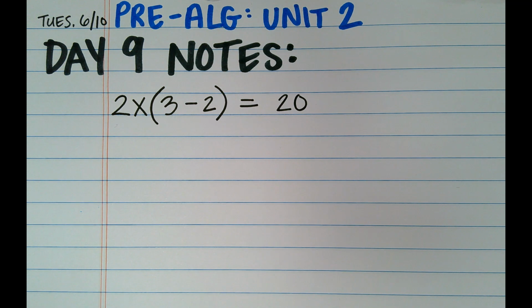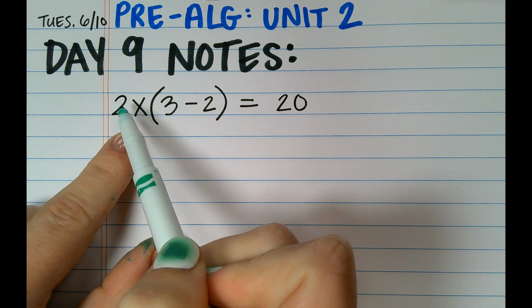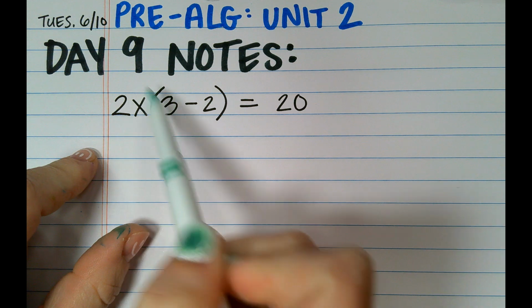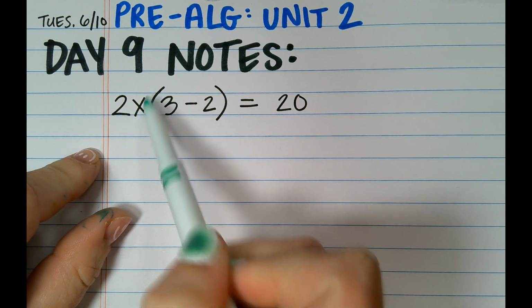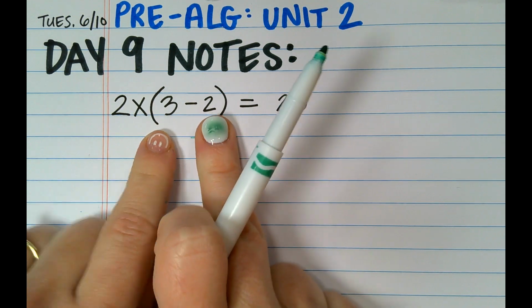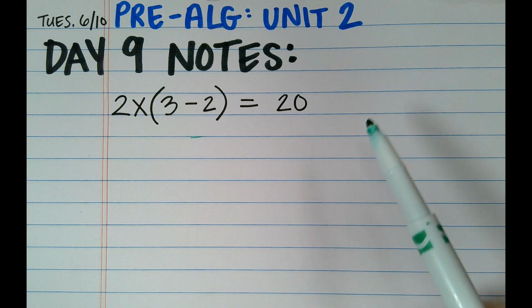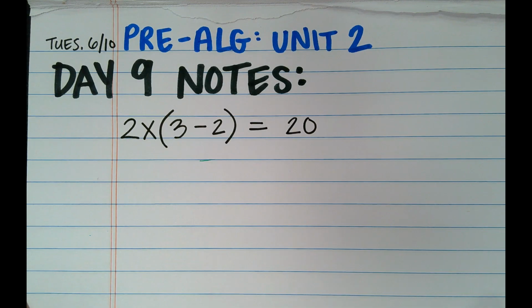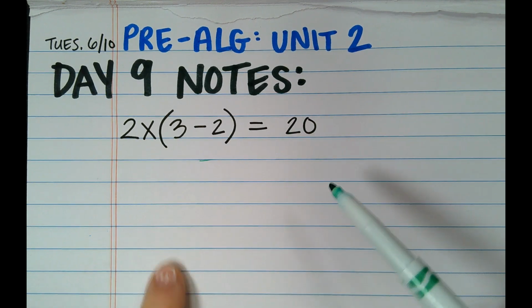Yesterday we saw some stuff like this where you would have a term or a number outside of something in parentheses. Now, this is an interesting example because we could do it in a couple different ways.